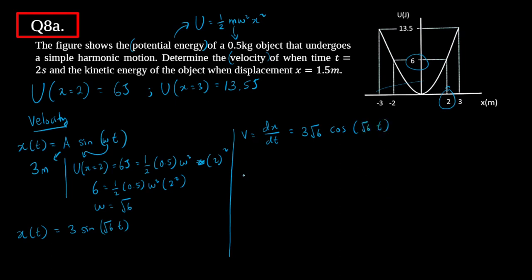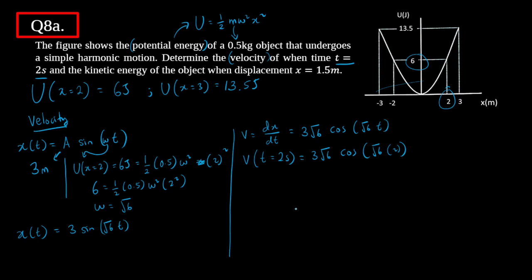Okay, so now what I want to do is look for the value of v when t is equals to 2 seconds. All right, so v at 2 seconds is equals to 3 times square root of 6 cosine square root of 6 times 2.